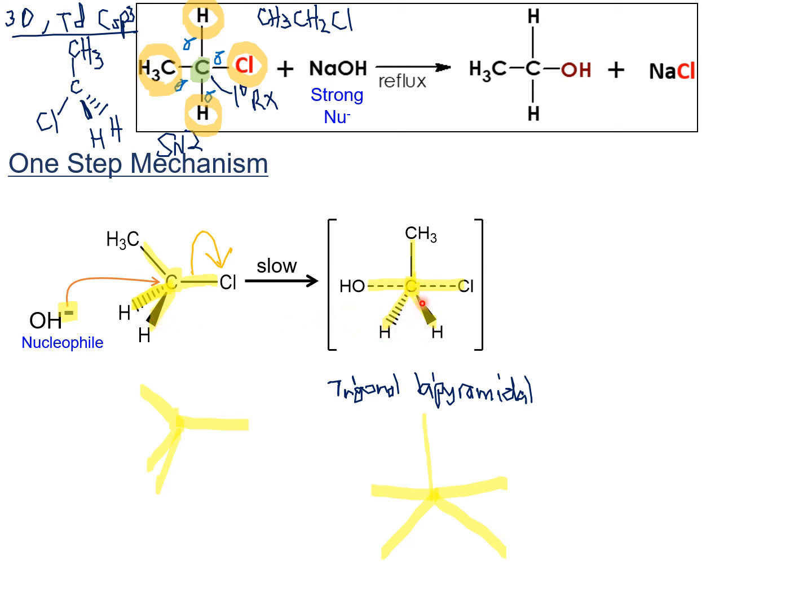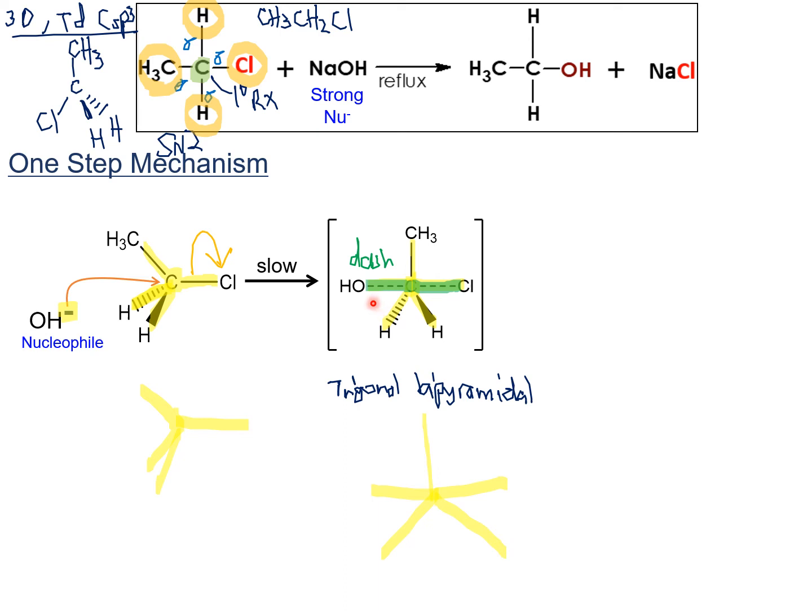Just draw it like this. Okay, but why is there, between OH and Cl here, a dash bond there? Why a dash bond instead of a straight bond or a wedge or hash bond? Why a dash bond? Because this dash bond is actually a temporary bond.